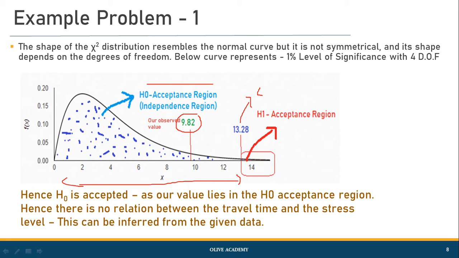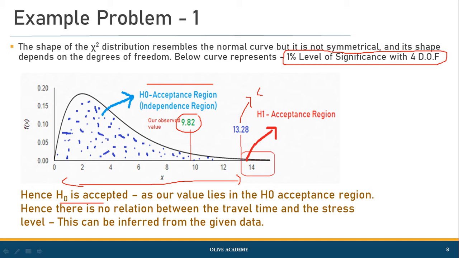Anything lesser than this value is always the H naught acceptance region. And since our value is falling under this region, we are going to accept H naught at 1% level of significance. Remember that, because without mentioning the level of significance, it is of no use, and it is not going to make sense.